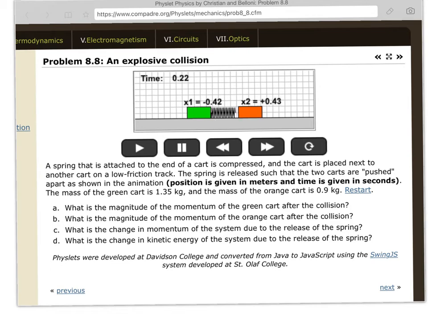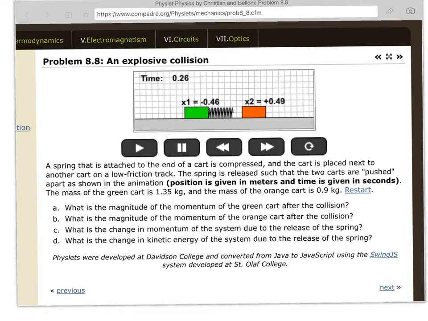At 0.2 seconds it releases, and now this counts every 0.02 seconds. If you look at the position of the green one, it's 0.44, and the red one 0.46, and if I step the button it goes to 0.46 and 0.49.